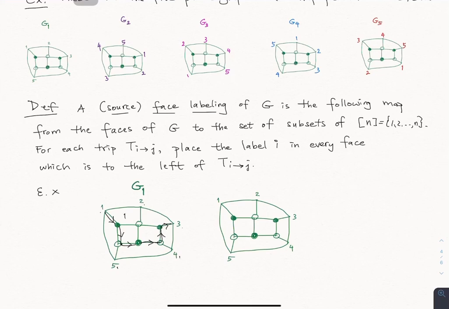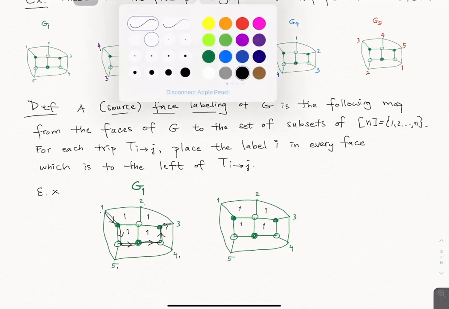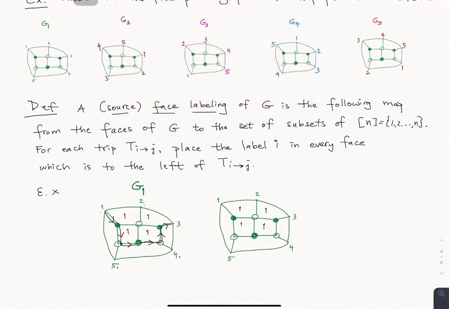So 1, 1, 1, 1. Let me do that here. And then the trip from 2, I see a white vertex, so I turn left. I see a black vertex, I turn right.